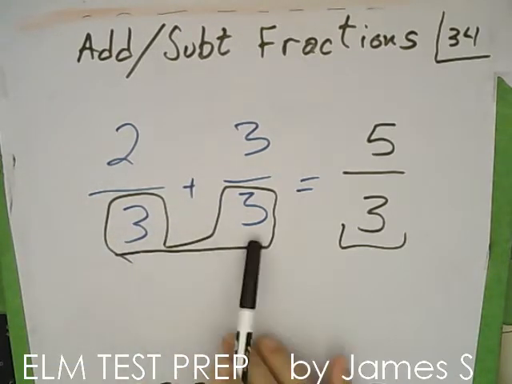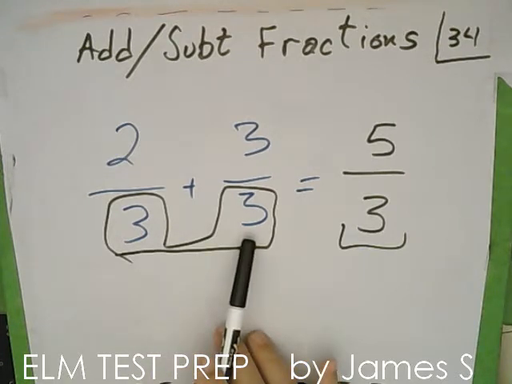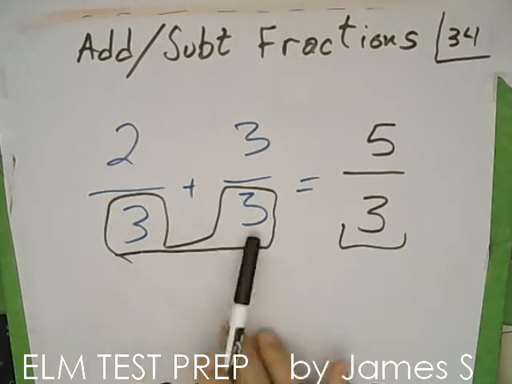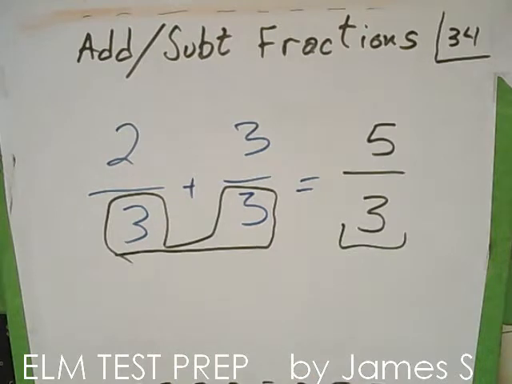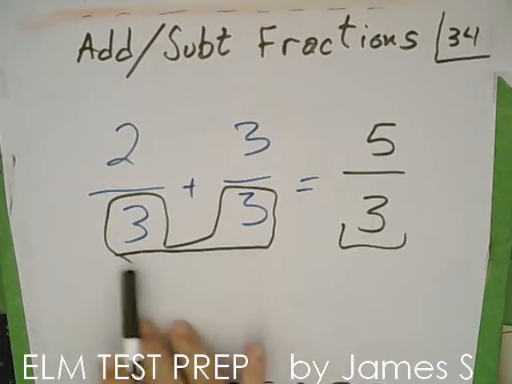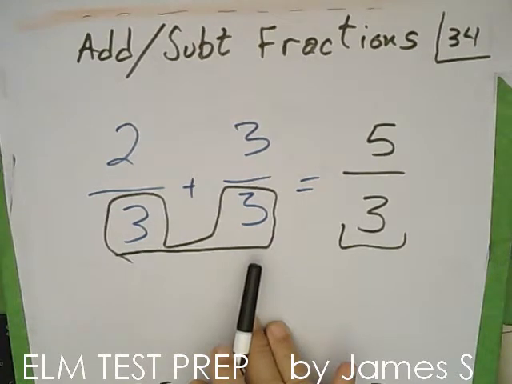That's why we don't add the bottoms. But we do have to have the denominator be the same. Otherwise, we're adding apples and oranges, or nickels and quarters, whatever. We want to add apples and apples to know how many we have.